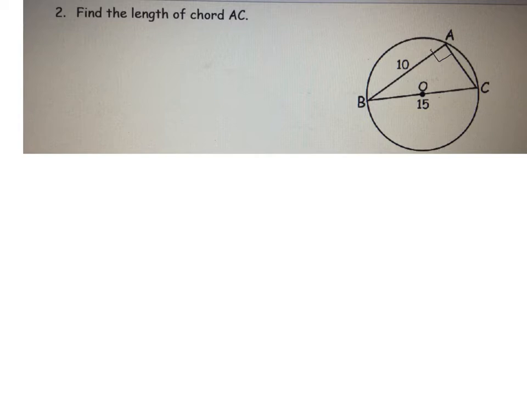So we have two sides of a right angled triangle. That means that we can find the third side by using Pythagoras. We know the longest side and we know one short side. So we need to do a take away or a subtract with Pythagoras.